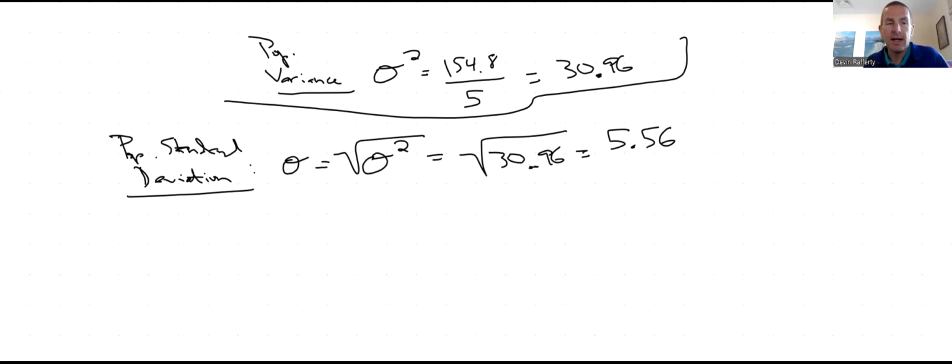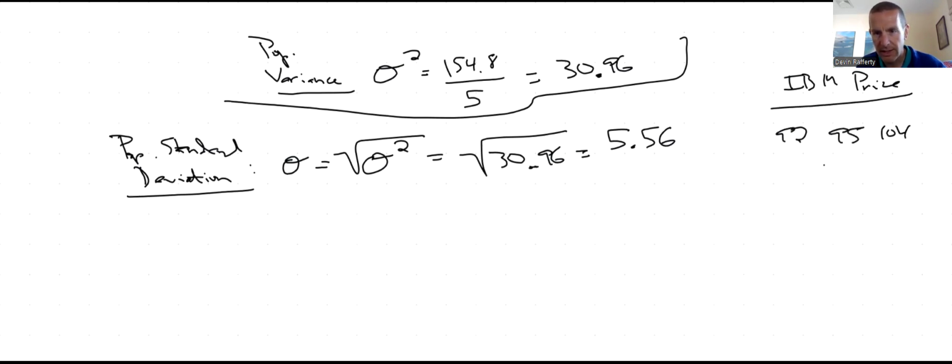If we use the IBM stock price example again, let me write the data set down one more time. IBM price: 92, 95, 104, 98, and 107.